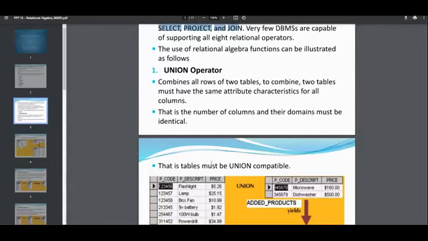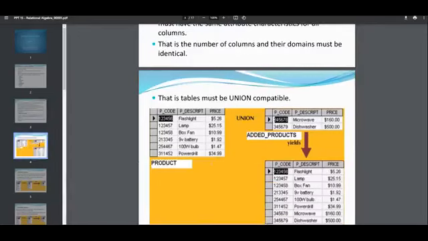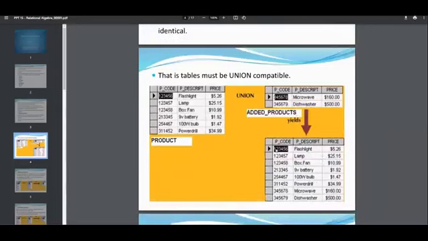So the next one, you can see that two types of table, and after that, left table union right side table can produce a final output. Then it can what? Join.